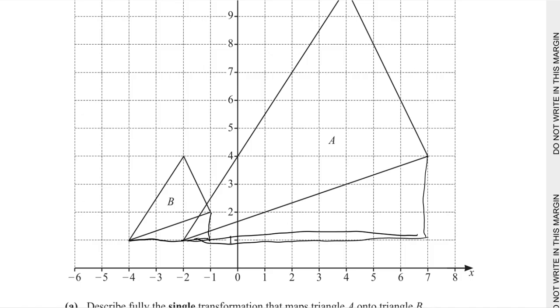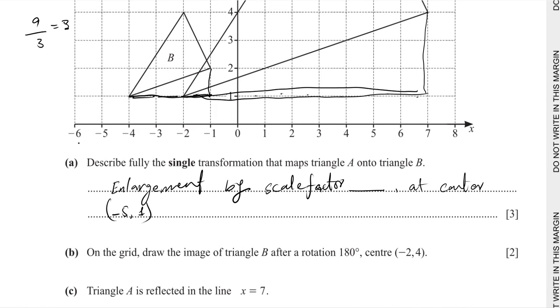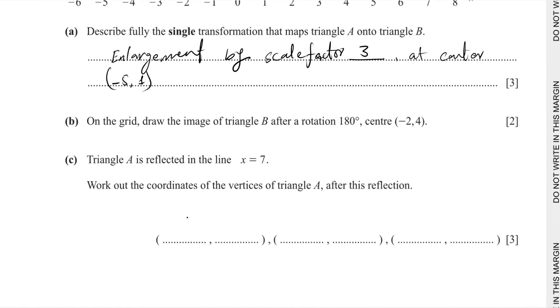So here let's count the squares: 1, 2, 3, 4, 5, 6, 7, 8, 9. So 9 divided by the original shape, which was 1, 2, 3, divided by 3, that's equal to 3. The scale factor is 3. So you can write enlargement by scale factor 3 at center -5 and 1.